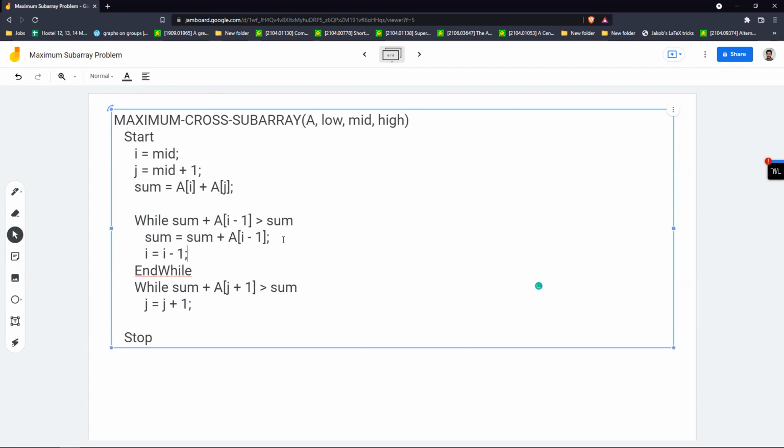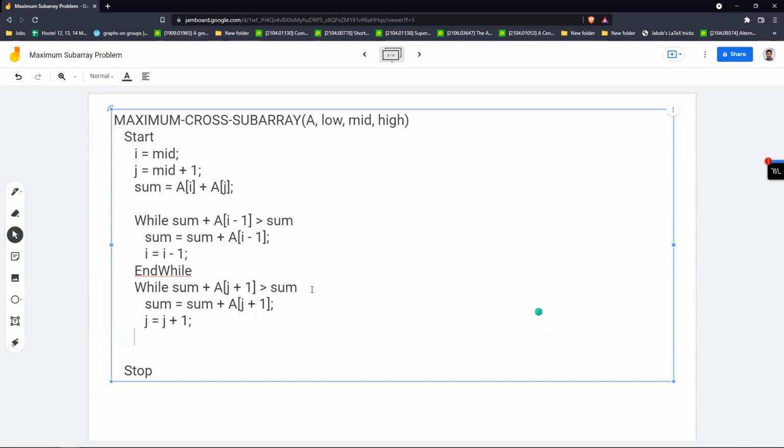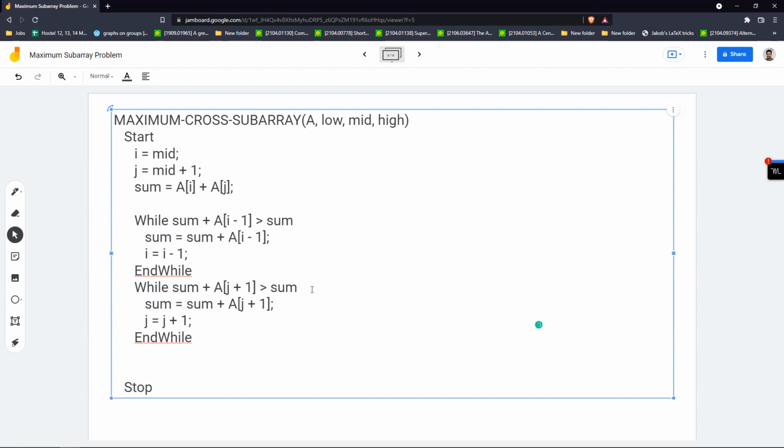If I change the index beforehand, then the values will change. Okay, so that's the small correction. So again, here the same thing. Sum is equal to sum plus a of j plus 1, the larger value, and then j pushes to the right. Okay. And that is the end of the while statement.